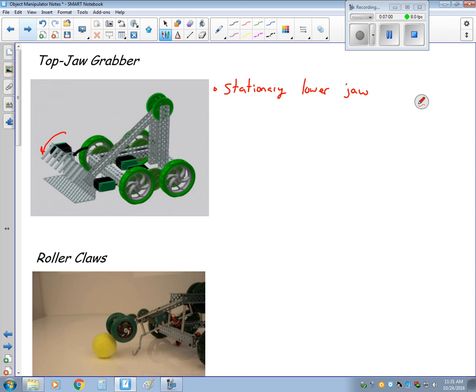The bottom one provides normal force, and then the top one provides friction. These are nice for holding onto an object, especially if your platform does not stay parallel to the floor.